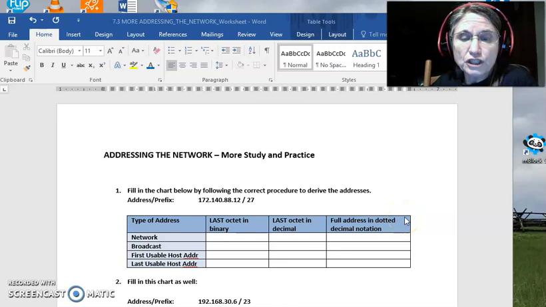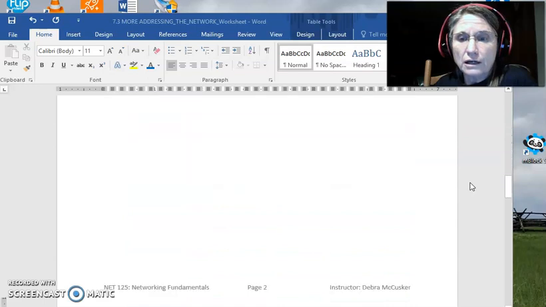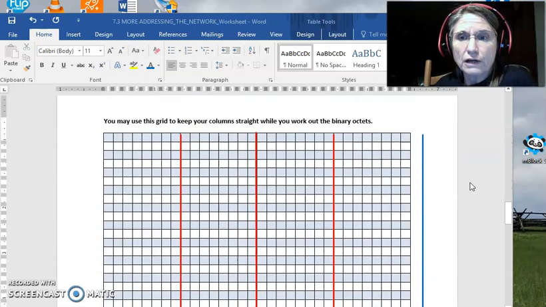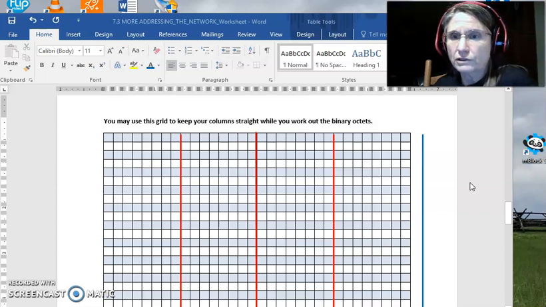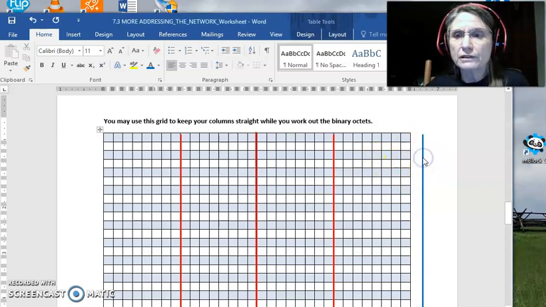We can achieve this by using a charting method. I sometimes just use a grid like this. And we saw that the address we were given was 172.140.88.12, and it was in a /27.